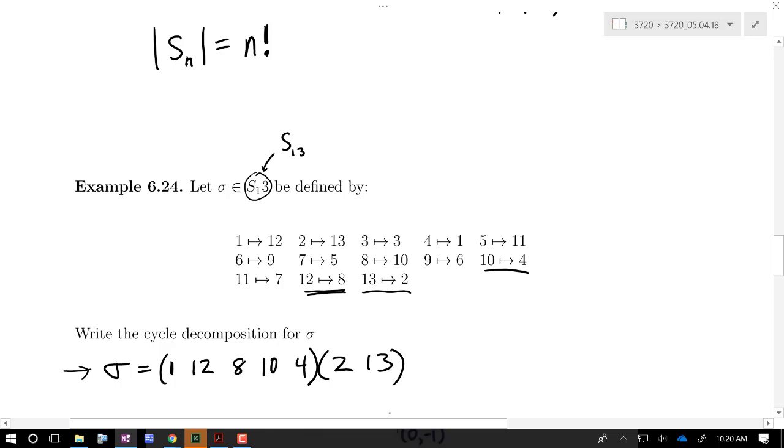Still some things not accounted for. I'll notice 3 is not in any of these. So I'll start a cycle with 3. What happens to 3? It maps to itself. So that just is nothing going on there. Now 4 is already in the first one, so I don't need to start a cycle there. So we'll pick up at 5.